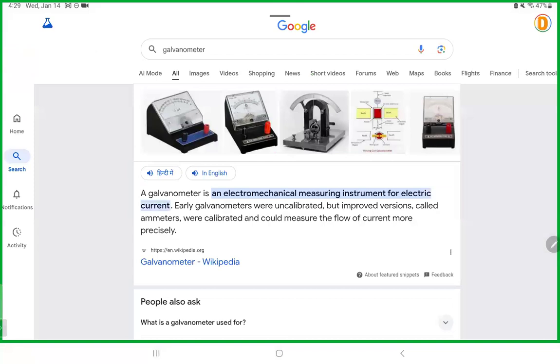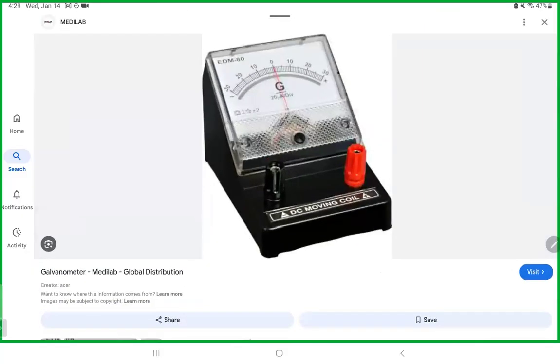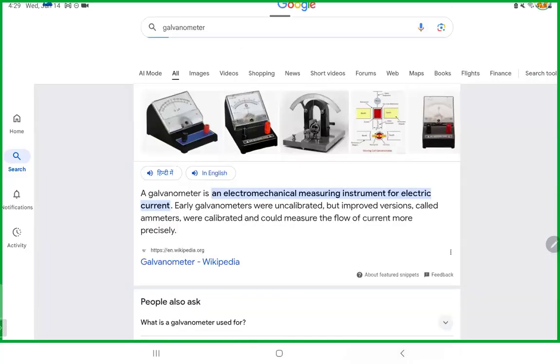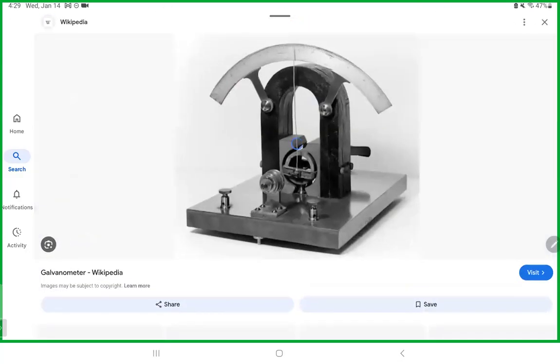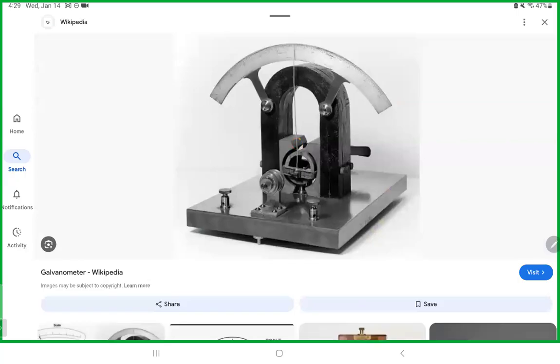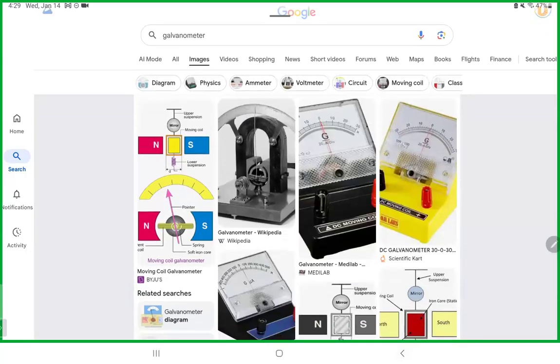See this. If you connect it with the wire, then it will show deflection. This is the simplest version. It will show deflection on both sides, positive and negative. This is the internal structure of the galvanometer, how it will move based on the current supplied to it.